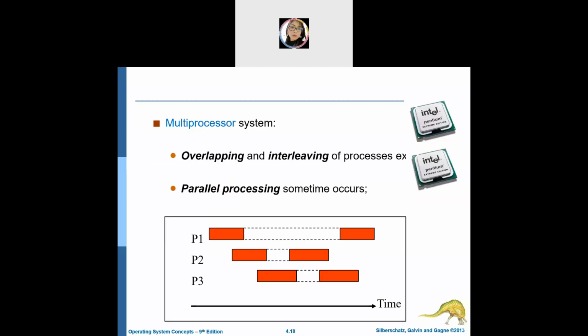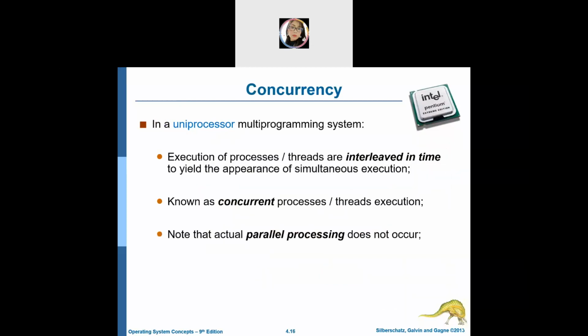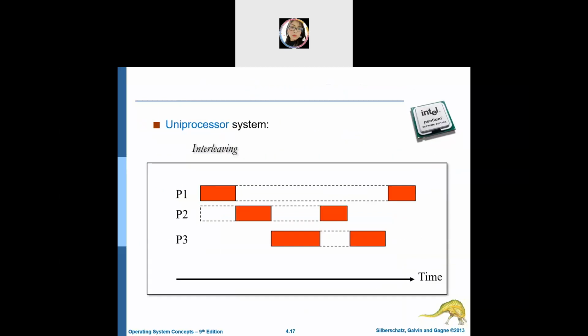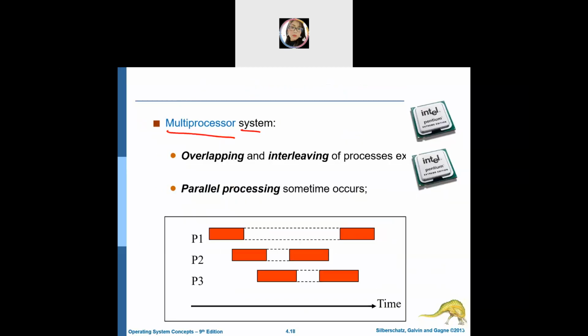But you can see here, in comparison, when you have a multiprocessor, it is actually quite similar on this diagram. But in this view, let's say you have 3 processes.